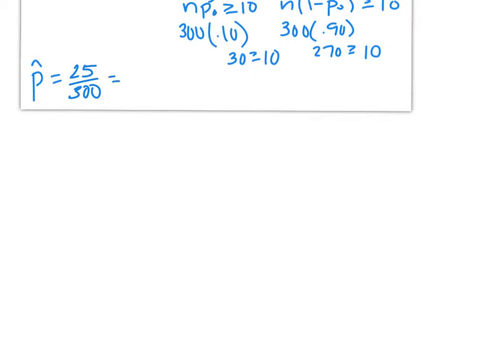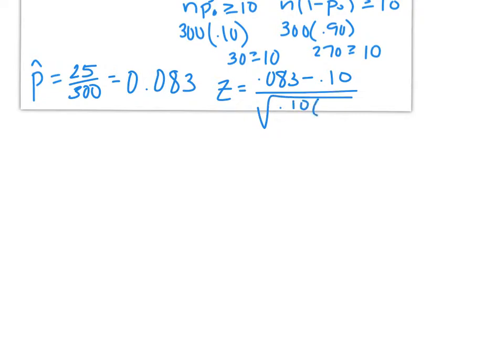So that gives me 0.083. My z statistic should then be 0.083 minus 0.10 over the square root of 0.10 times 0.90 over 300. So I'm going to calculate this. And that gave me negative 0.98.